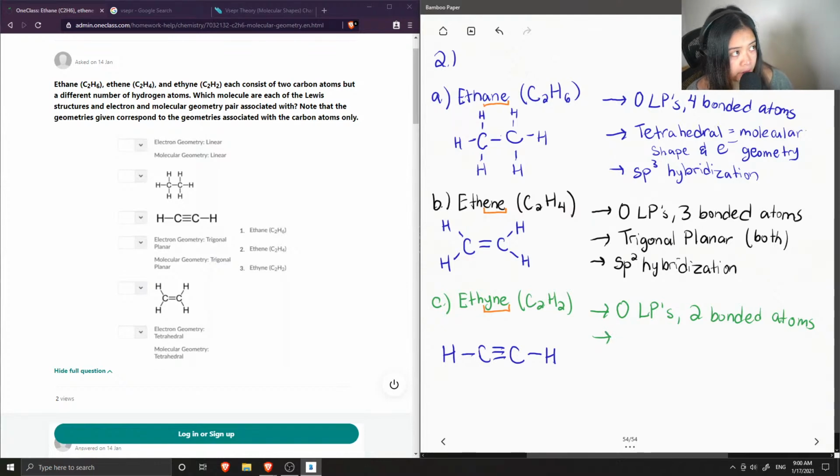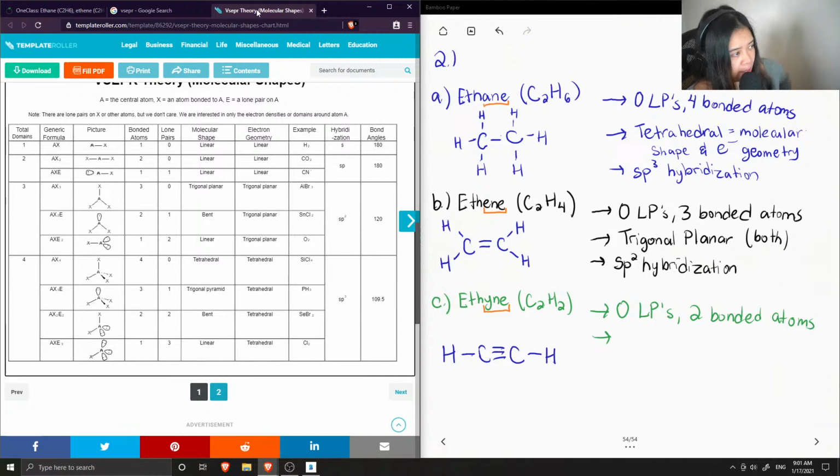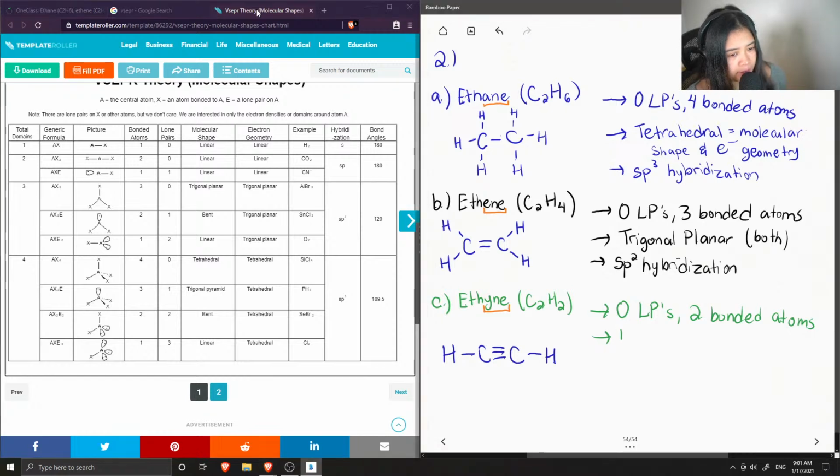And according to our VSEPR theory table, when we have 2 bonded atoms and 0 lone pairs, we have a linear molecular shape and also a linear electron geometry. So I'm just going to say linear for both. And this time we have sp hybridization.